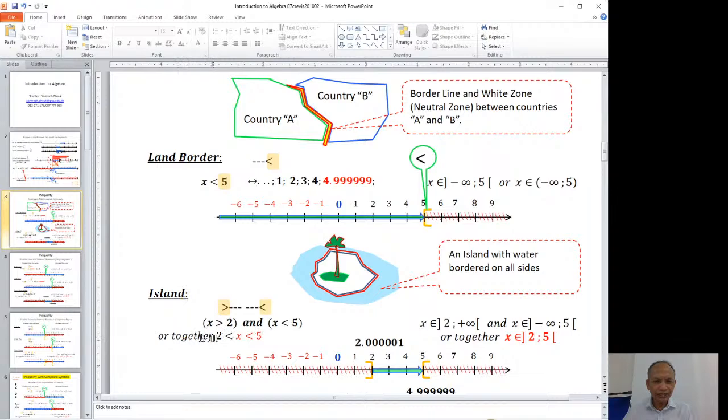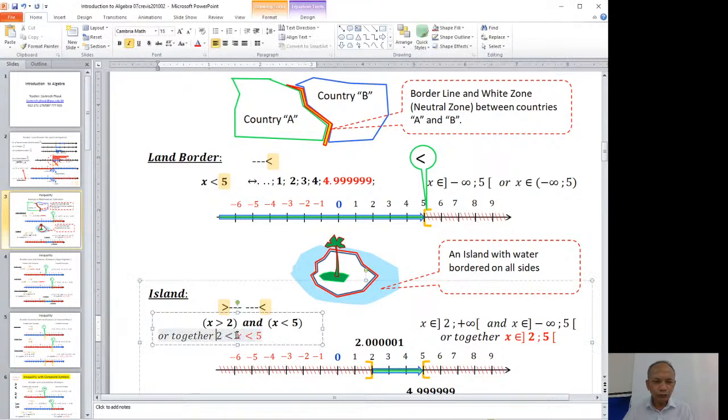So we say together 2 smaller than x and x smaller than 5. Okay, together here.